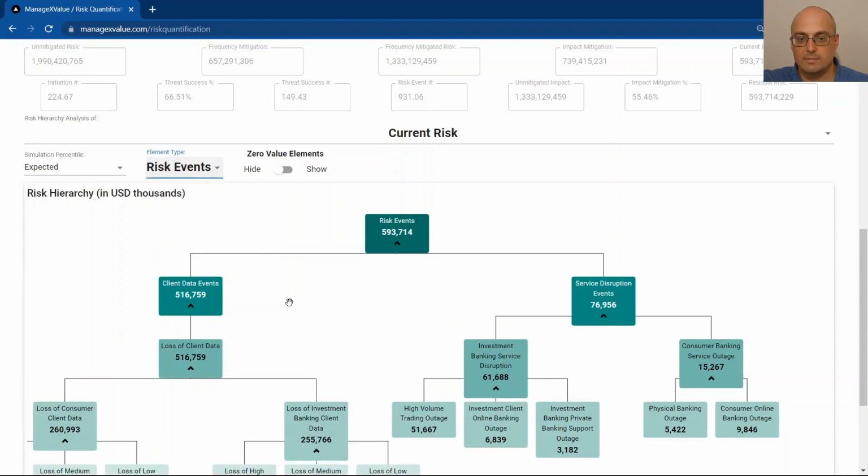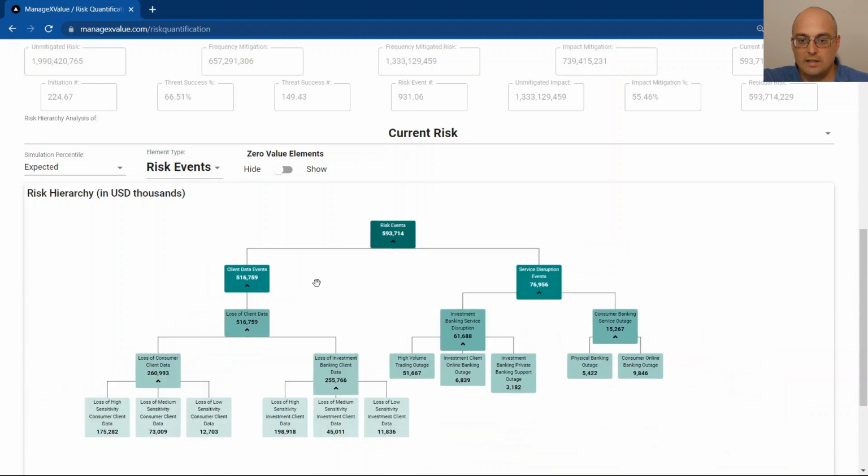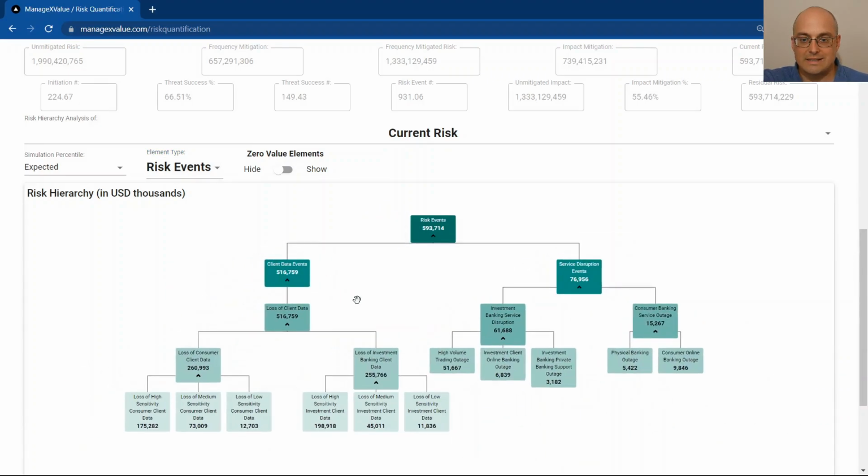And from a risk events perspective, this hierarchy suggests that there are a lot of potential risk events that could be generated by malware coming through the service provider APIs. To some extent, this is cybersecurity. From another perspective, this could be considered a third-party risk for the organization itself.